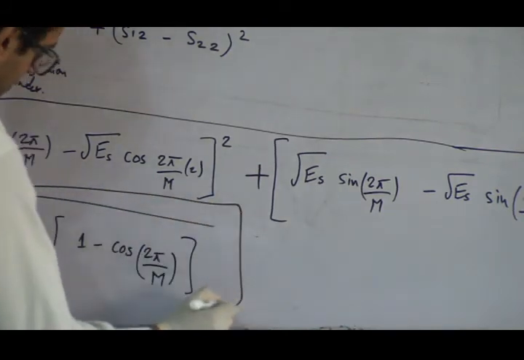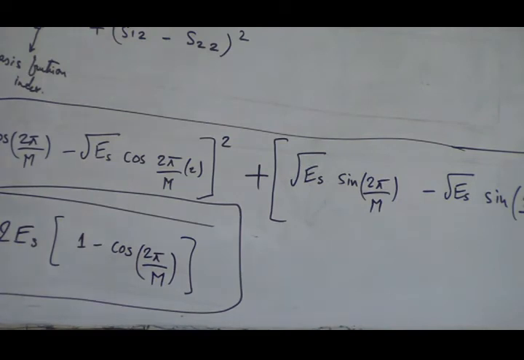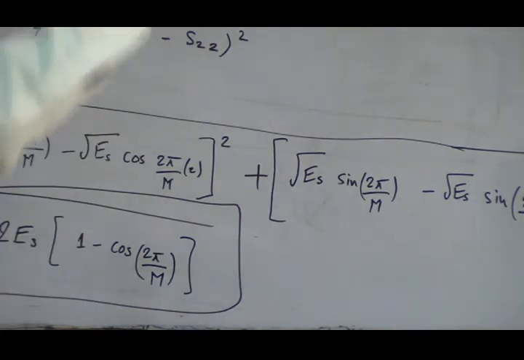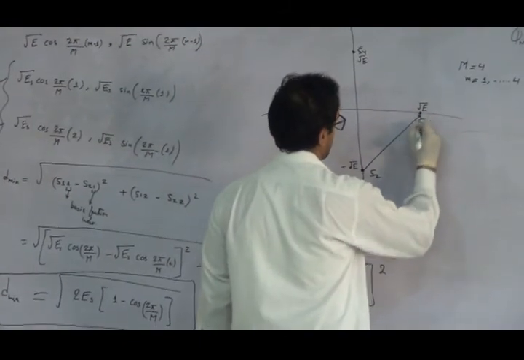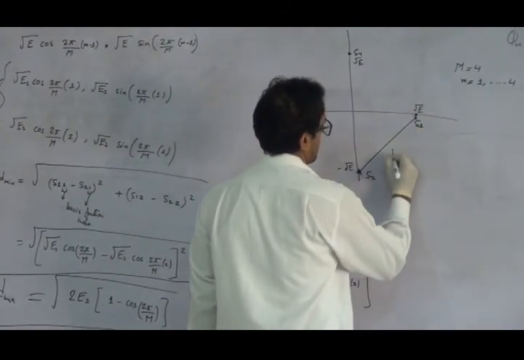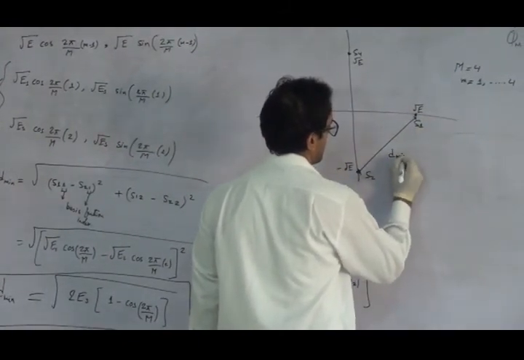This is your D minimum, that is the Euclidean distance, the minimum Euclidean distance in this constellation, which is nothing but the distance between the two neighbors, right? If you compute the distance between these two, this will be equivalent to D minimum.